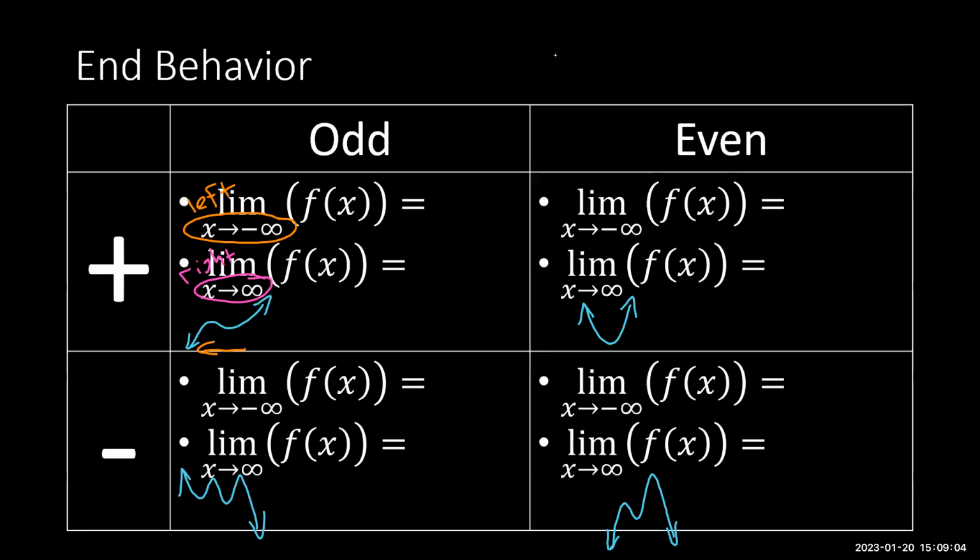As I go to the left, it's going down. So therefore, it's negative infinity. What about as I go to the right? As I go to the right, it's going up. So positive infinity. Same thing for the other one. If I go to the left here, the arrow is going up. So I would put positive infinity as well.